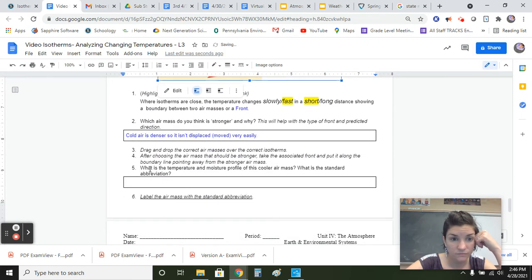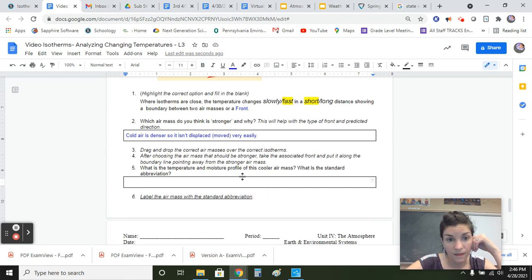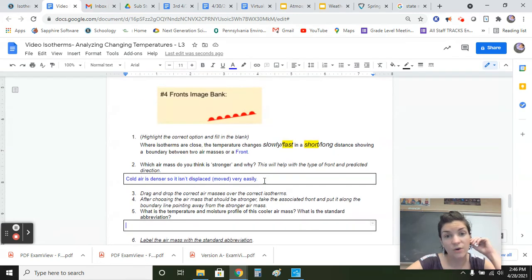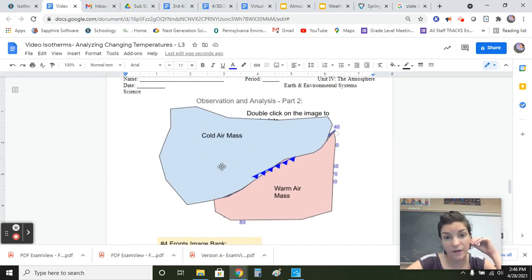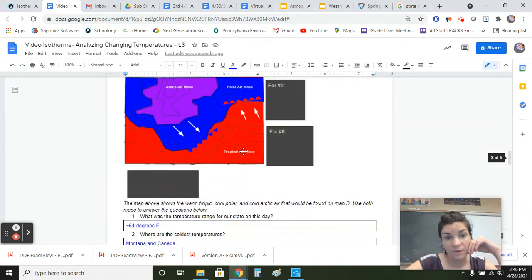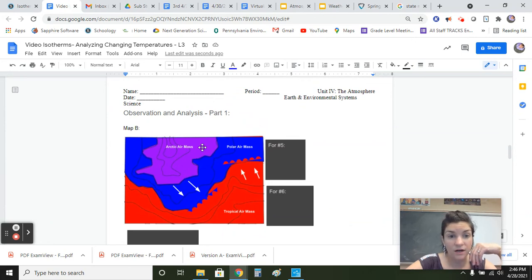Okay. What is the temperature and moisture profile of this cooler air mass? What is the standard abbreviation? Okay, so what this is asking, if you remember, up here we had an Arctic air mass. Here it's a polar air mass.